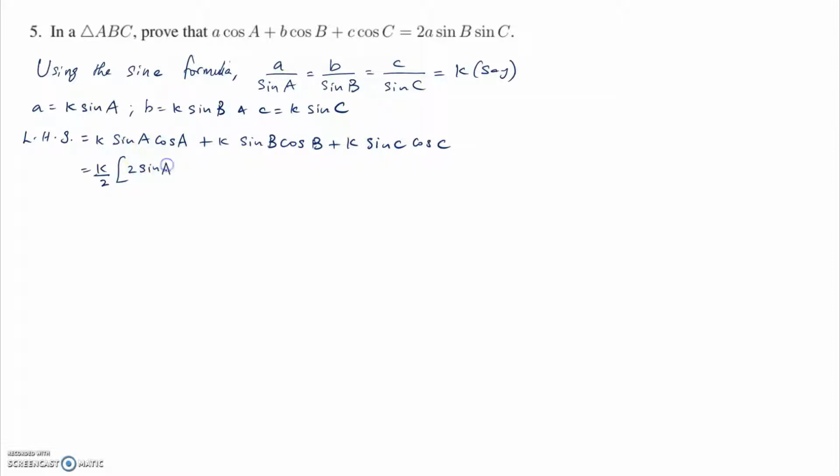So it's 2 sin A cos A plus 2 sin B cos B plus 2 sin C cos C.